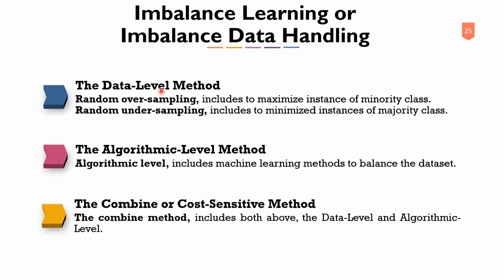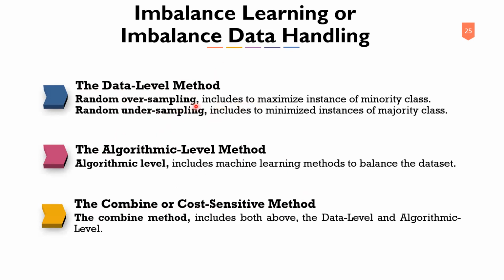Okay, what else is here? The data imbalance handling techniques that we have: first is the data level method, second is the algorithmic level method, and third is the combined or cost sensitive method. What is the data level method responsible for? It further consists of random oversampling and random undersampling, which we have discussed just now.